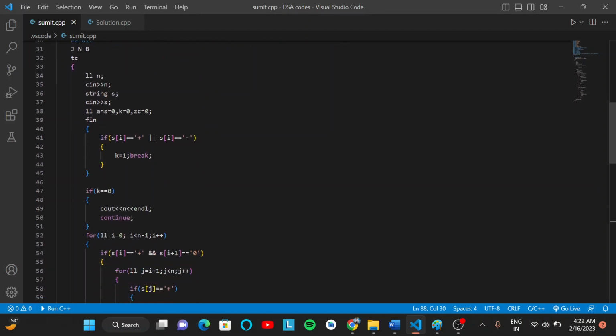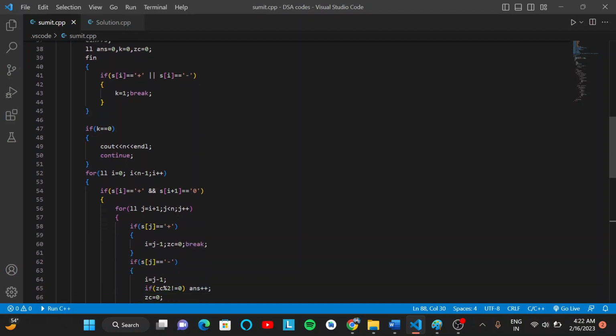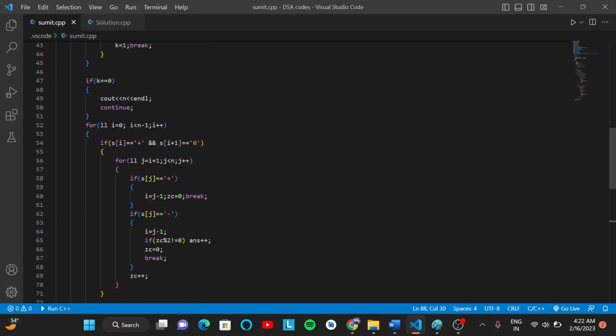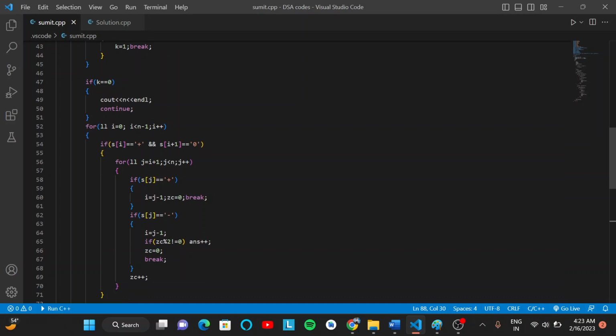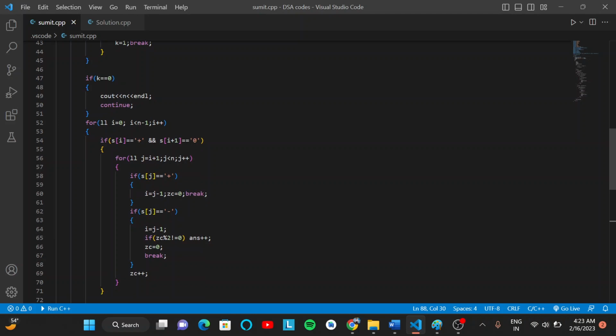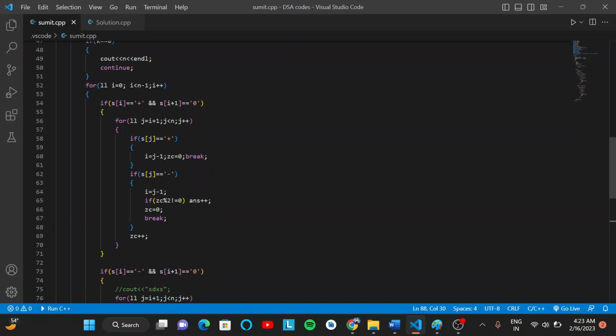First I have checked that if the string contains only zeros, then the answer will be directly n, but if not, I have iterated the loop from 0 to n minus 1, and I have checked if there is a plus and 0, I'll iterate the further loop in the if statement only, and if we get a positive charge after the positive charge itself, that will be of no use and we will simply break out of it.